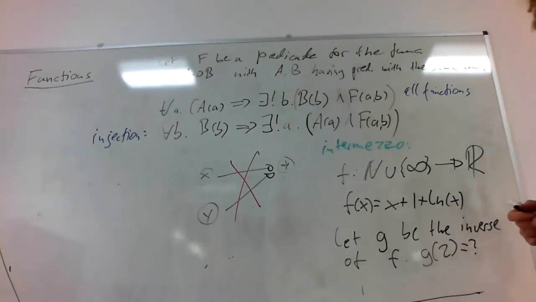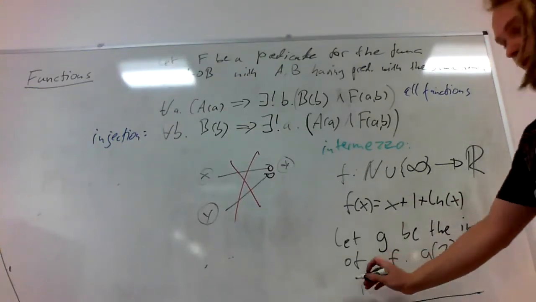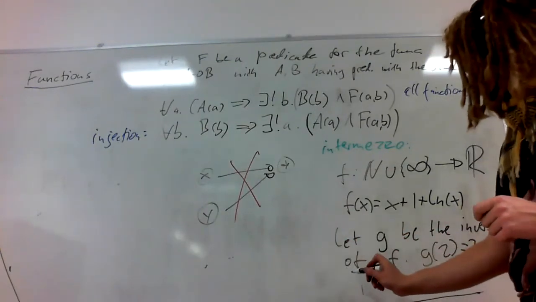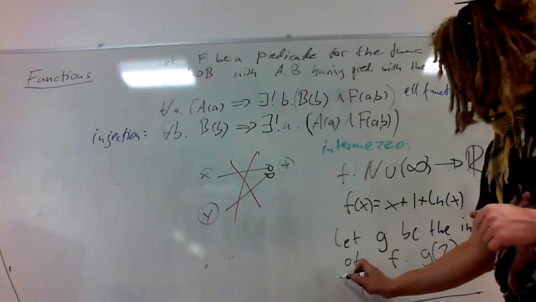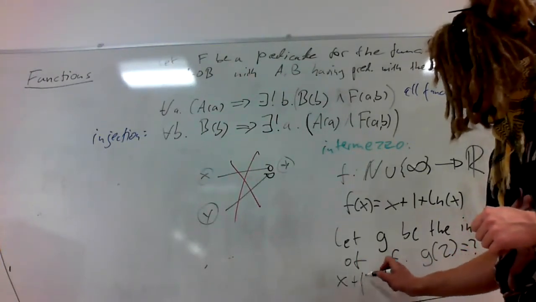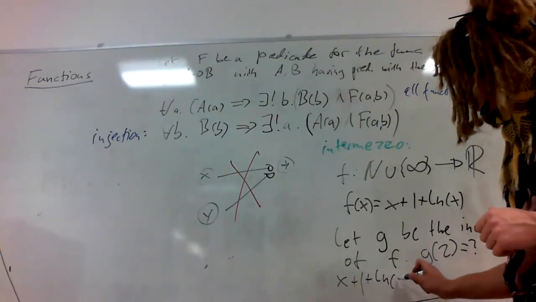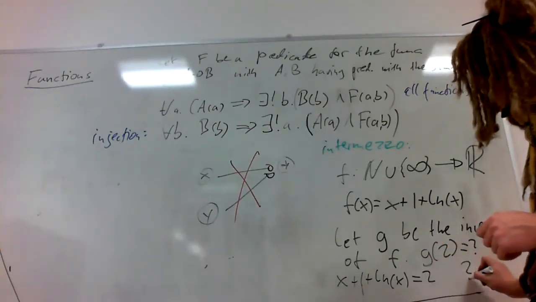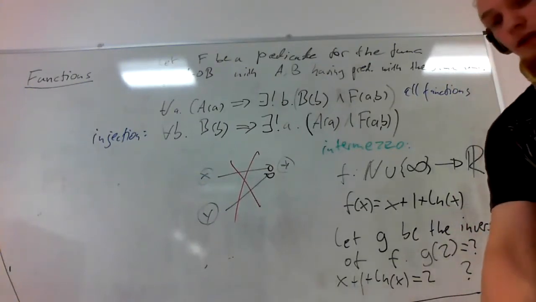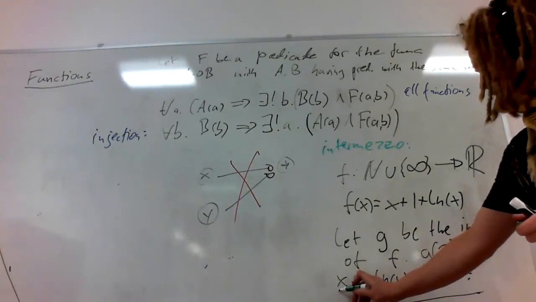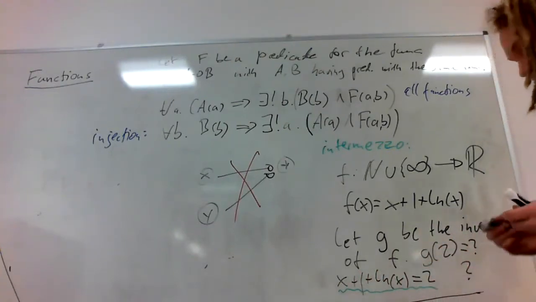And what you are stating here is just, I hope you can still see that, should be fine. The question is, which value of x plus 1 plus ln of x equals 2? So this is how you formulate the question.